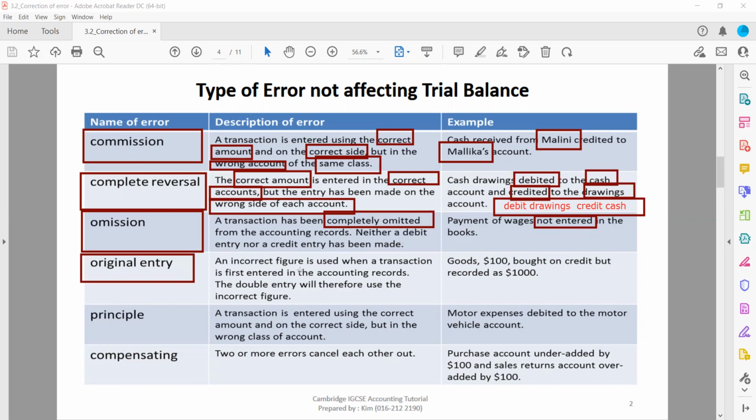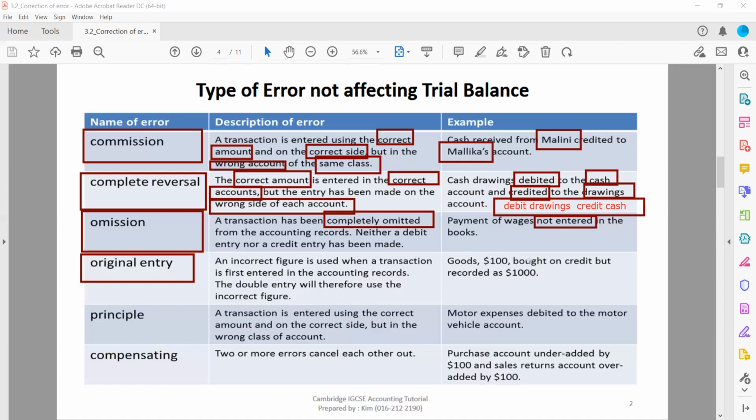Original entry. An incorrect figure is used when a transaction is first entered in the accounting record. The double entry will therefore use the incorrect figure. First recording means the book of prime entry. When we started, we already made a mistake, so that caused both accounts to be wrong.